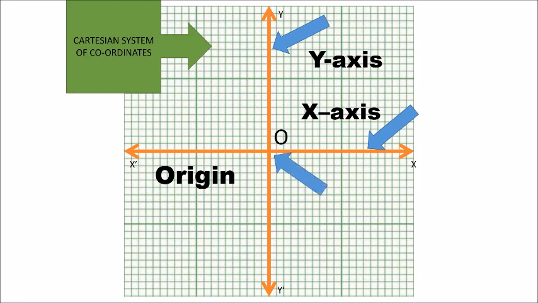The position of a point in a plane is expressed by a pair of two numbers, abscissa and ordinate. The abscissa concerning x-axis and the ordinate concerning y-axis are also called coordinates.